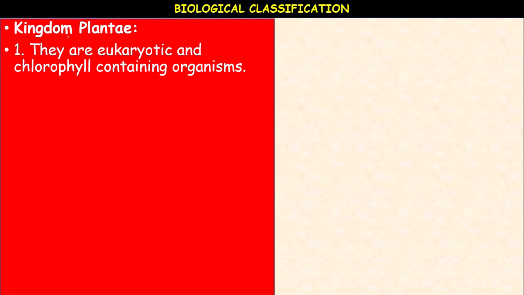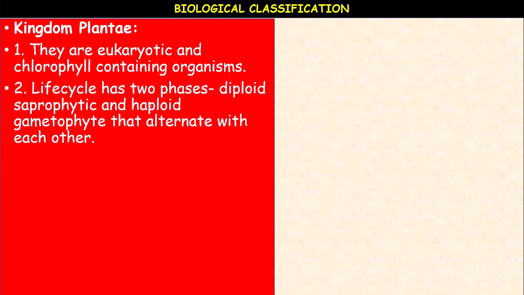So, this kingdom Plantae includes organisms that are eukaryotic, chlorophyllous, multicellular organisms. A few members are partially heterotrophic, such as some insectivorous plants or parasites, also included in this kingdom Plantae. And the plant cells are eukaryotic with a cellulosic cell wall.